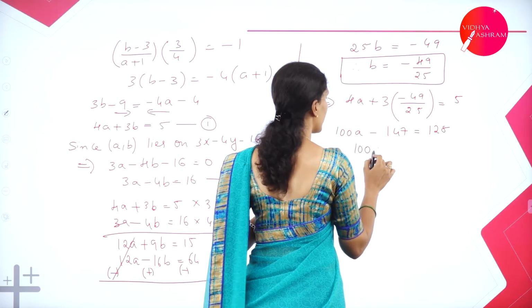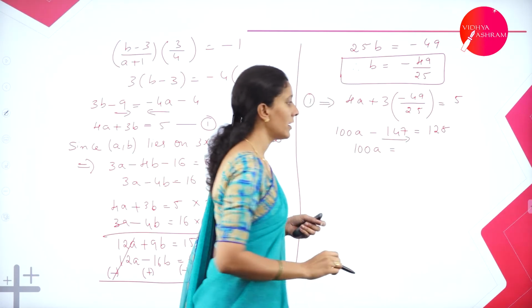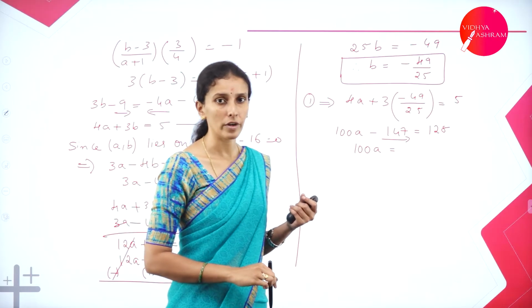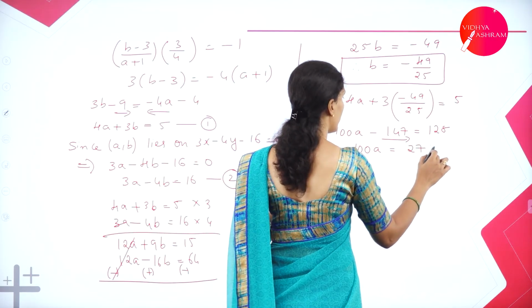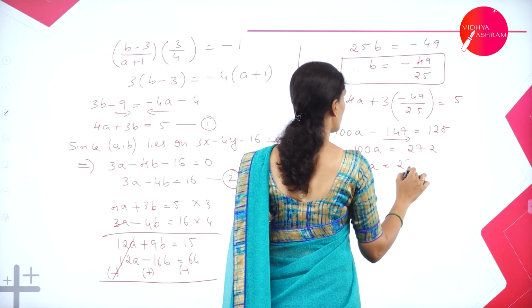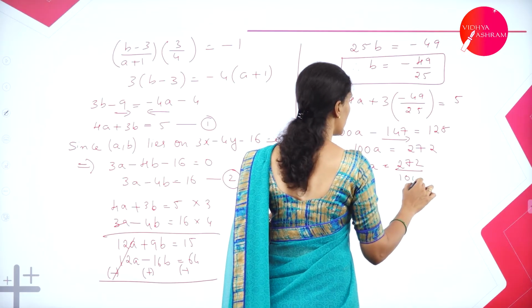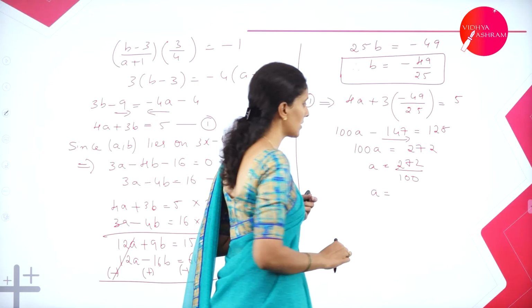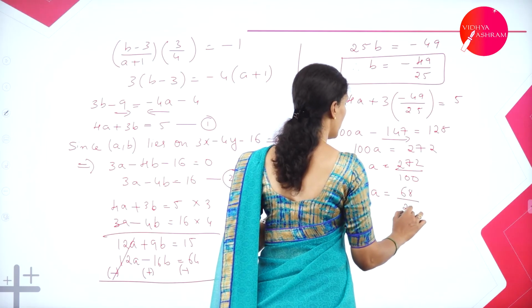So 100a is equal to, shifting to that side, it becomes 125 plus 147, which is 272. So a is equal to 272 by 100. When you cancel it, it is 68 divided by 25.